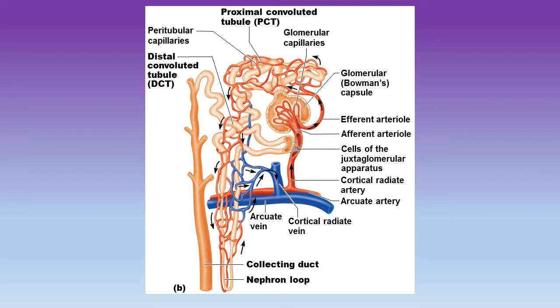You have the descending limb, and then it circles around the bottom, comes up the ascending limb, goes around. Now it's into the distal convoluted tubule, where you're going to continue to have more secretion occurring. And then the final product flows into that collecting duct.